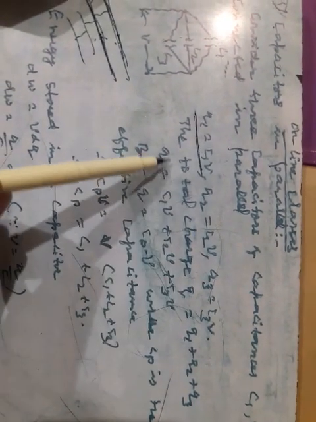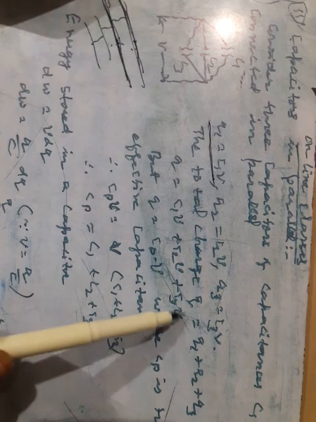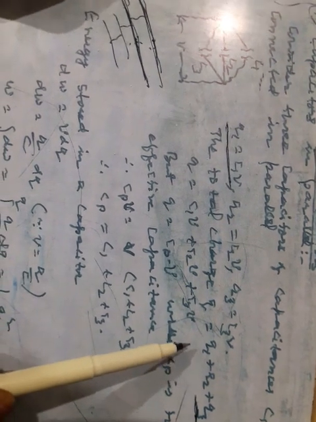Okay, now in this case what will you take? Now here Q1 is equal to C1V, Q2 is equal to C2V, Q3 is equal to C3V. The total charge Q is equal to Q1 plus Q2 plus Q3. Here we assume that total charge is flowing through this diagram.